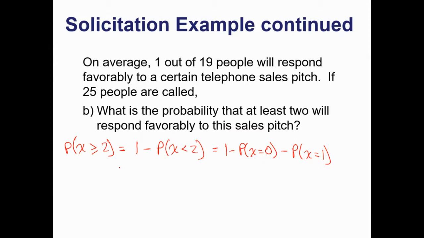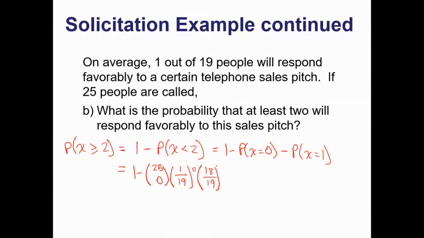So if I set this up, 1 minus, and we're going to have 25 choose 0. Remember, our probability of success was 1 over 19 to the 0 times 18 over 19.